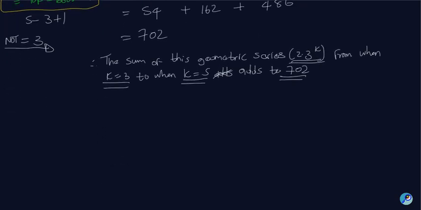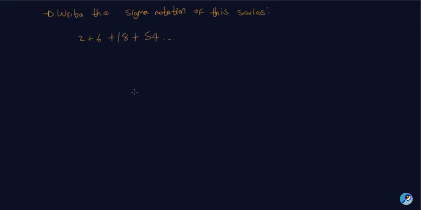You see? So all of this was geometric. Example: I want to begin an equation whereby we write the sigma notation. So they want the sigma notation of this series.